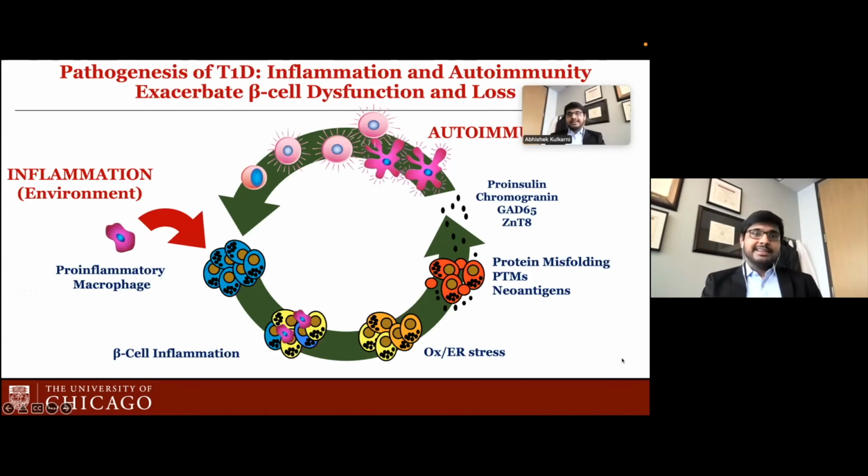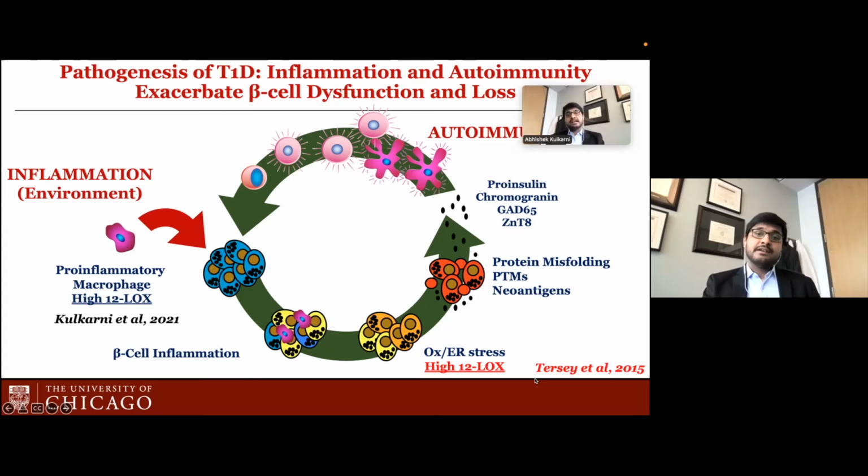So overall, to summarize my talk today, I would like to bring back this introductory slide with our proposed model of type 1 diabetes. So where does 12-LOX play a role in this scheme of things? As I briefly described earlier, we showed that enhanced 12-LOX activity promotes pro-inflammatory macrophage activity, and that can have a significant impact on the events that follow.